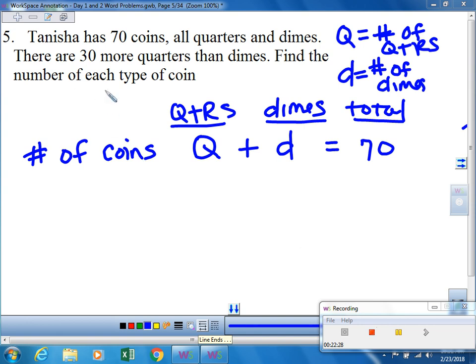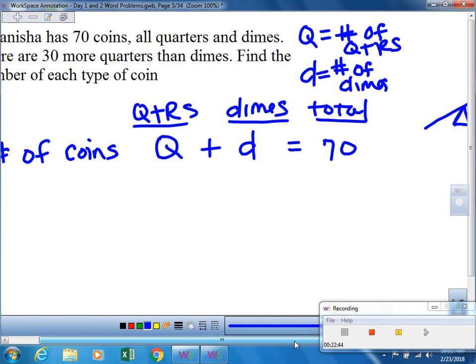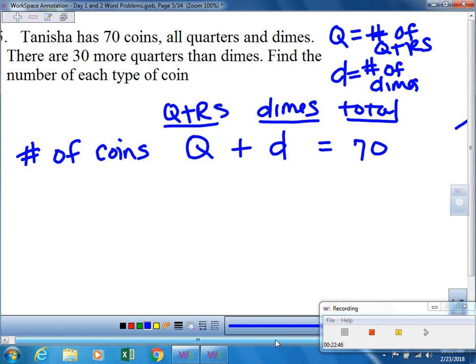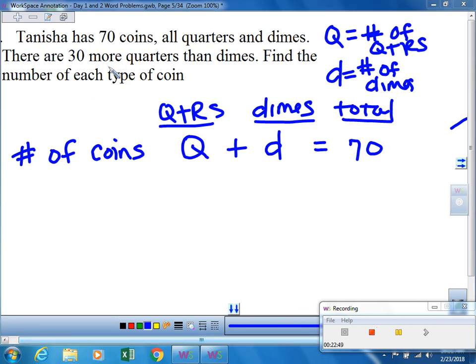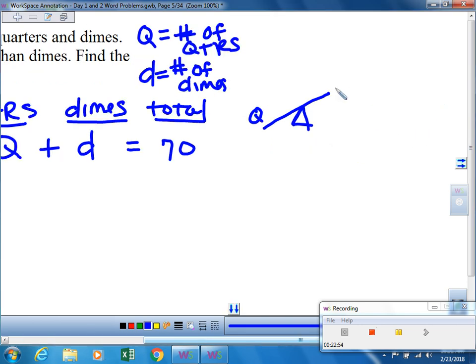So, I want you to look at the statement, and I want you to fill in your teeter-totter, which one has more. Okay, so there's 30 more quarters. So my quarters is going to be down below, and my dimes is going to be up here.